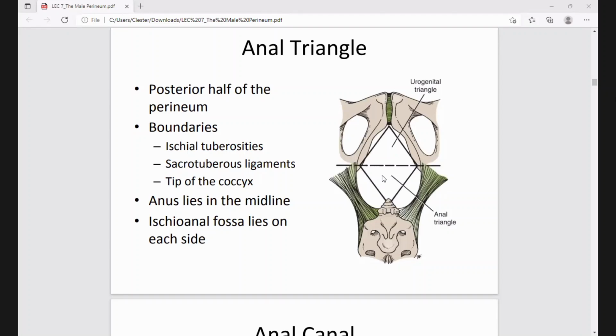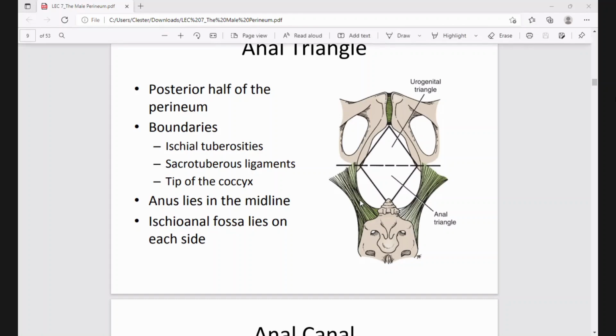And on both sides of the anal canal are two spaces, the ischiorectal or ischioanal spaces. The ischioanal fossa or space lies on each side of the anus or the anal canal.